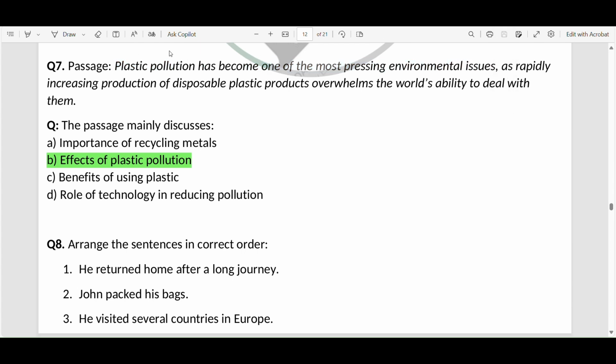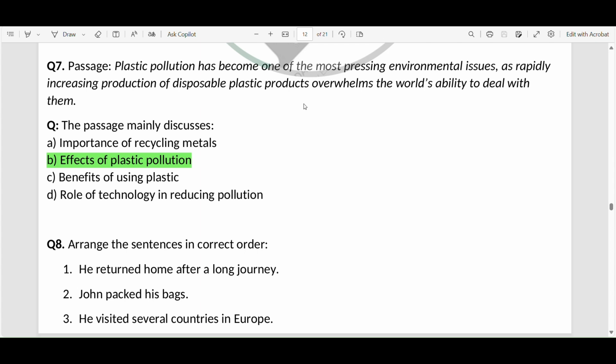That means the pollution due to plastic nowadays is one of the most important environmental issues. Pollution due to plastic is most dangerous now. It is spoiling our environment, plants, trees, and all the birds and animals.